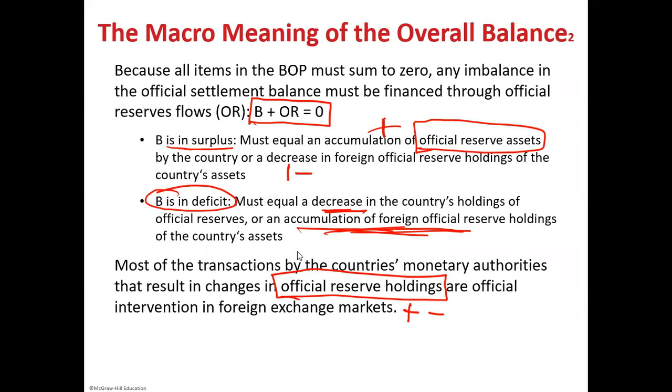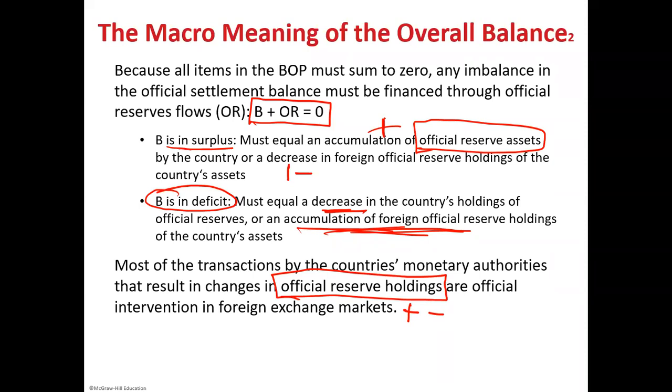So you should connect this together. When the overall balance is in surplus, what does it mean and what is expected to be seen? And when the overall balance is in deficit, what is expected to be seen?